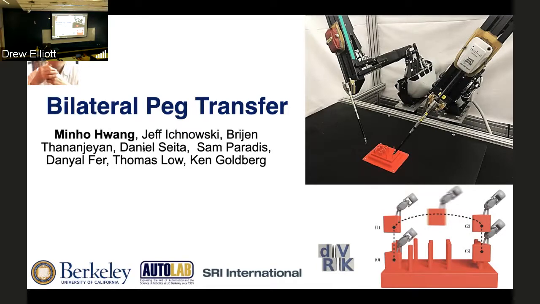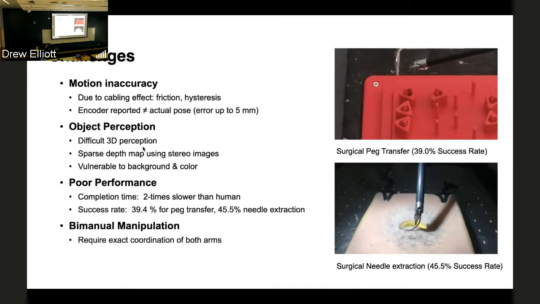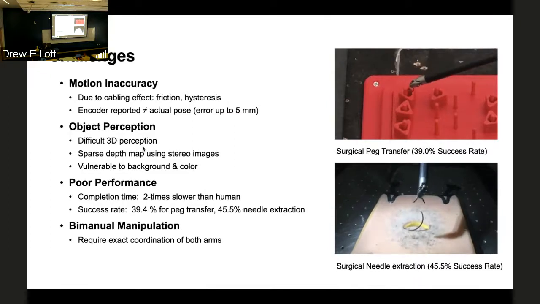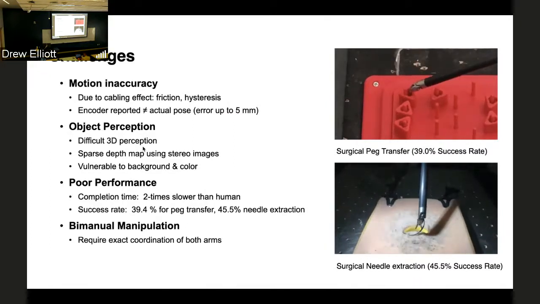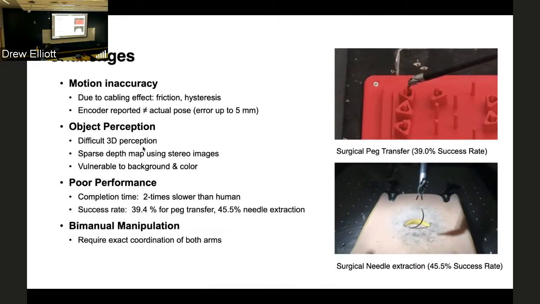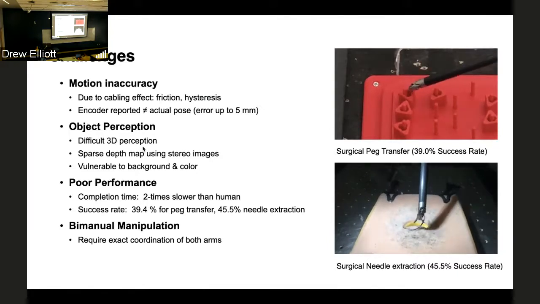The challenge in doing this in an autonomous fashion is the inaccuracy of the robot. Again, I think everyone here is very familiar with this. The Da Vinci is the one we use, and the DVRK, and the accuracy has always been a challenge.